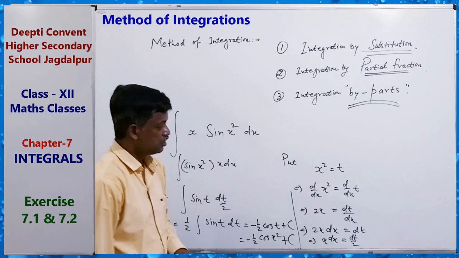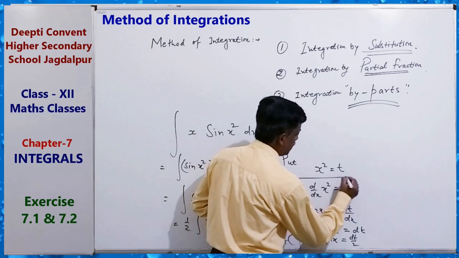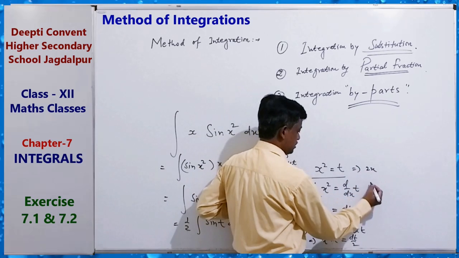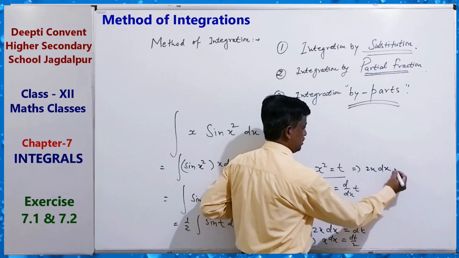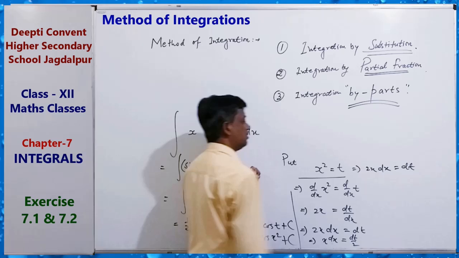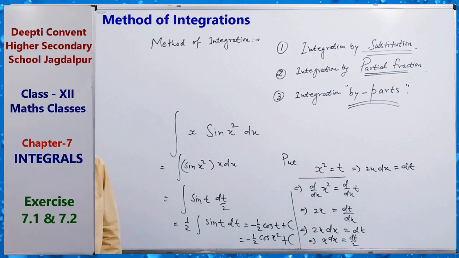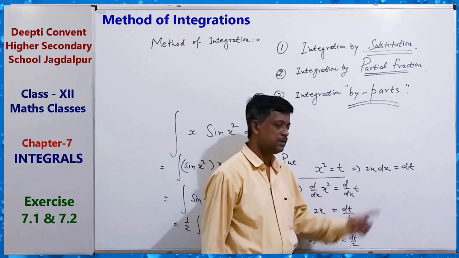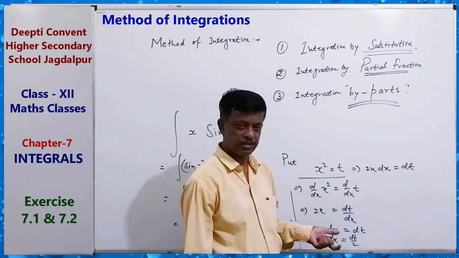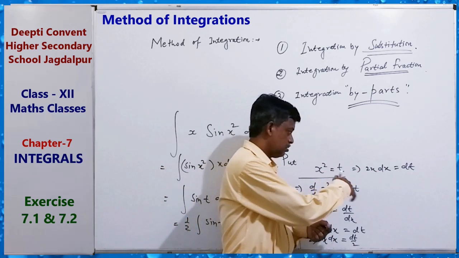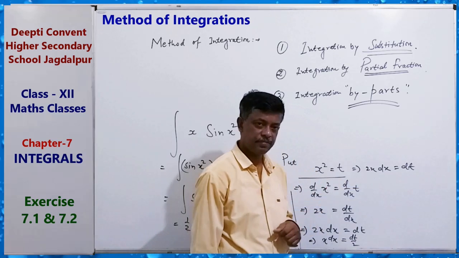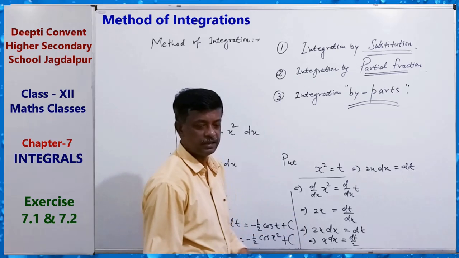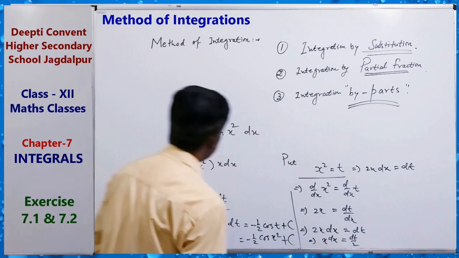So we can directly write 2x dx equals dt. Integrate with respect to x, 2x dx on the left and dt on the right.